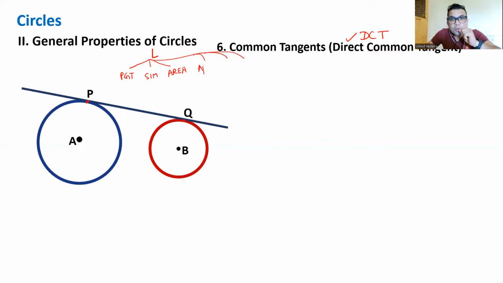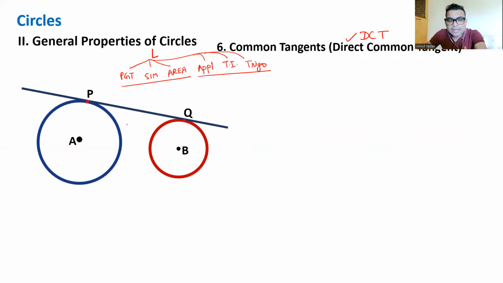Next, if you talk about the length of a median, Apollonius theorem. Then triangle inequality, that the sum of two sides should be more than the third side. And finally trigonometry. So these are the six key thoughts which will help you plan for the length. The most famous one is Pythagoras.